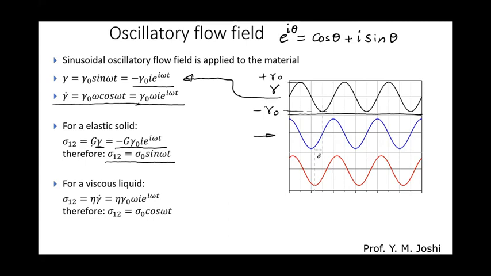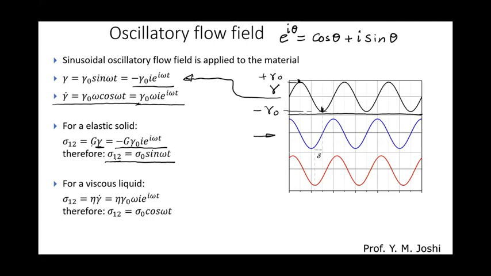the corresponding stress will also show sinusoidal behavior, whose crest as well as trough will precisely match the times associated with the strain input. So the corresponding trough and crest of the stress output will precisely match with that of the strain input.